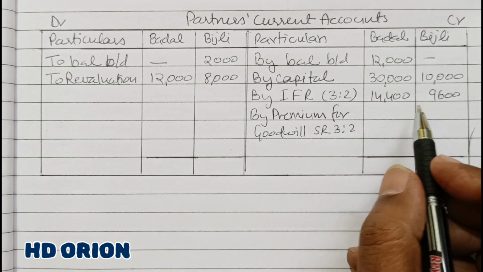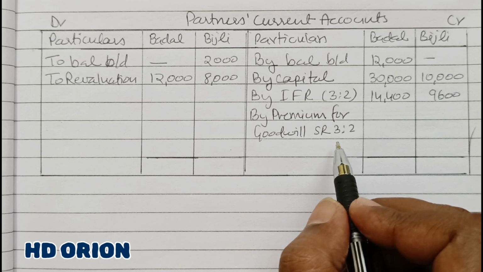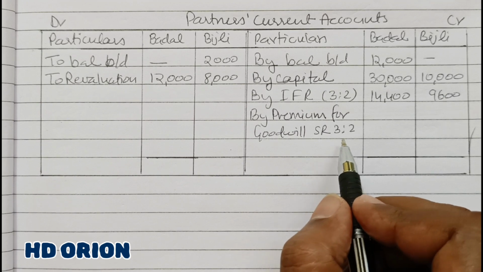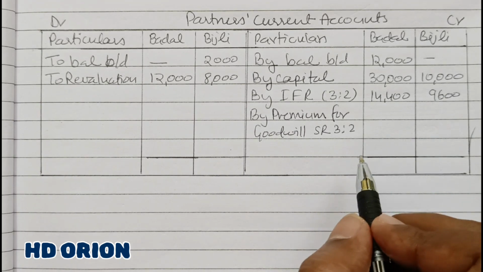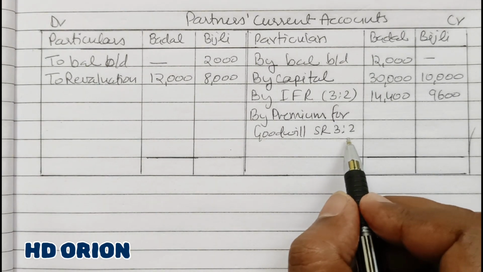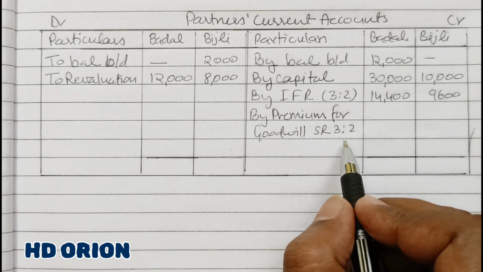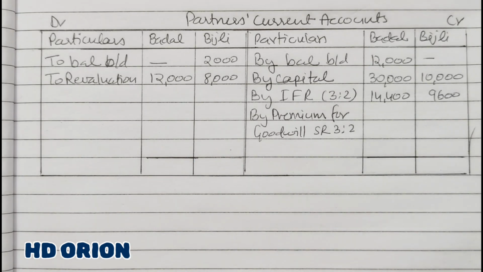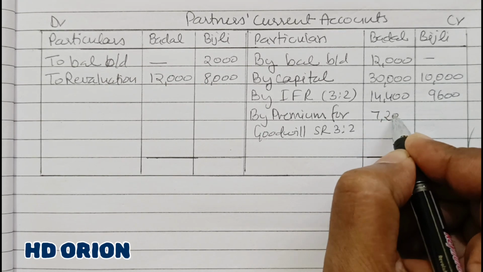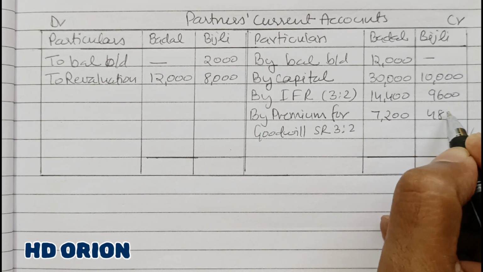So because the old partners have sacrificed something in favor of Raina, this premium amount will be paid to them in their sacrificing ratio, which in our case is the old ratio. So 12,000 when broken in the ratio 3:2 is rupees 7,200 and rupees 4,800.